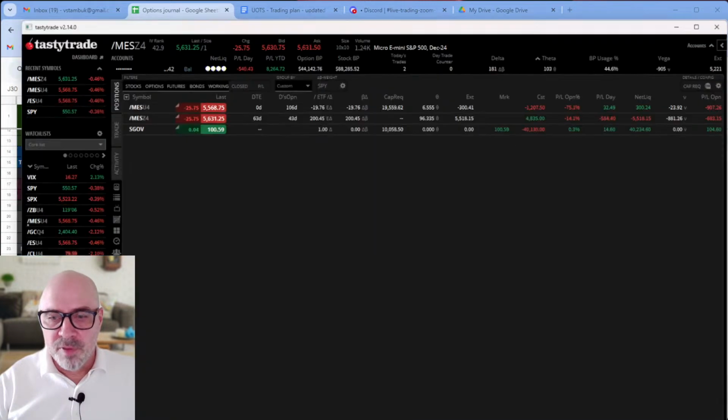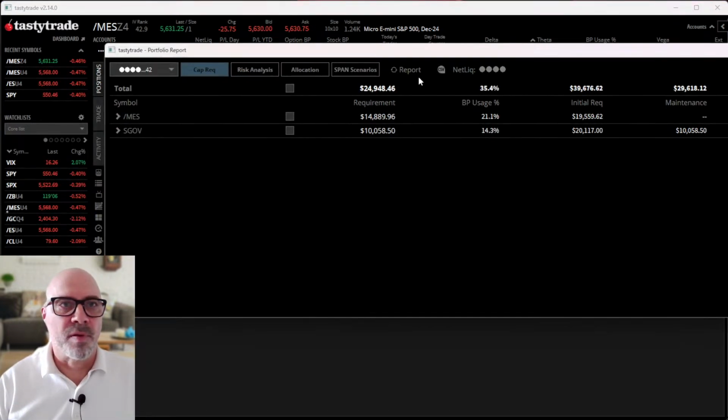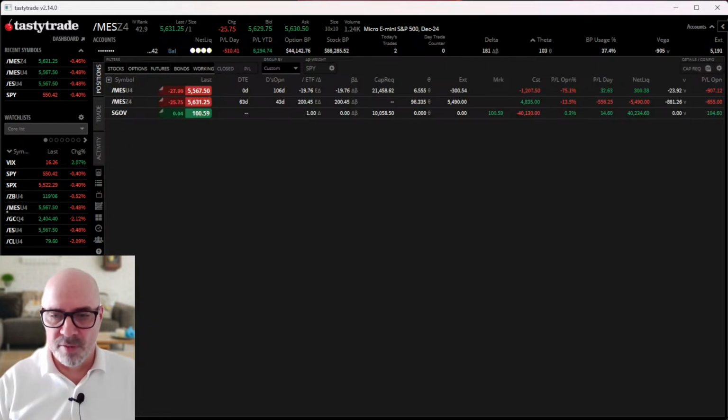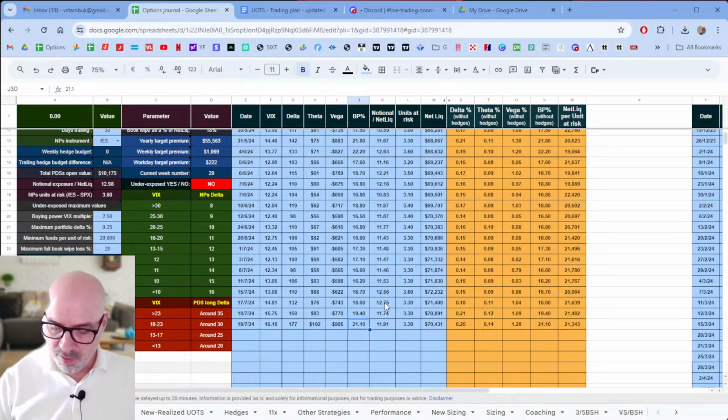Buying power is gonna be a little bit higher. So let's see, 23.1. Still nothing drastic. We are now at 1298. And then we have 3.6 of these trades.